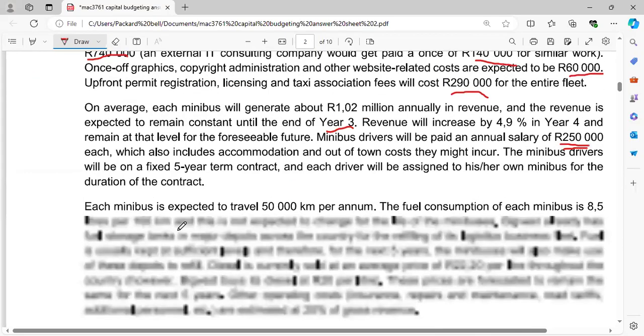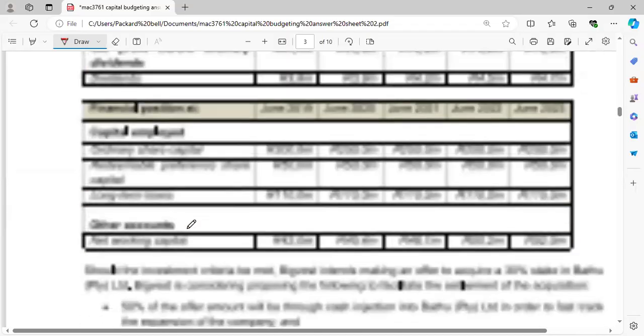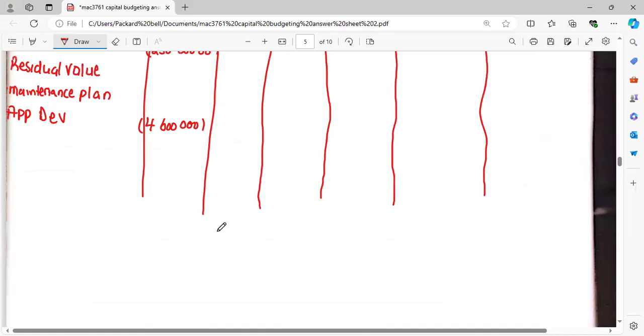So we are going to have licenses and all these others. It's going to be 60 plus 290,000.